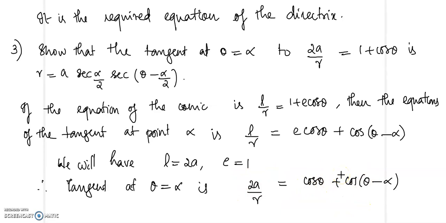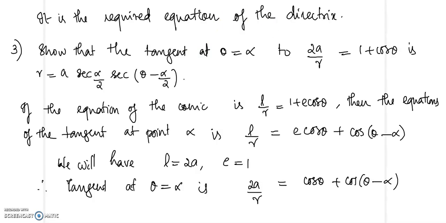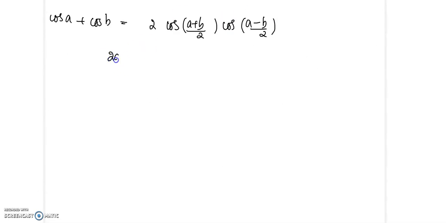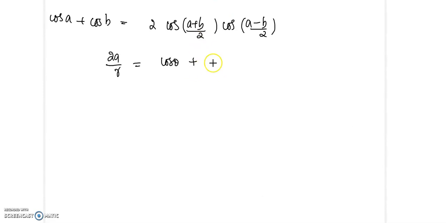Cos theta plus cos theta minus alpha is in the form cos A plus cos B. So we have cos A plus cos B equal to 2 cos of (A plus B) by 2 into cos of (A minus B) by 2. So in this equation we have 2a by r equal to cos theta plus cos theta minus alpha.